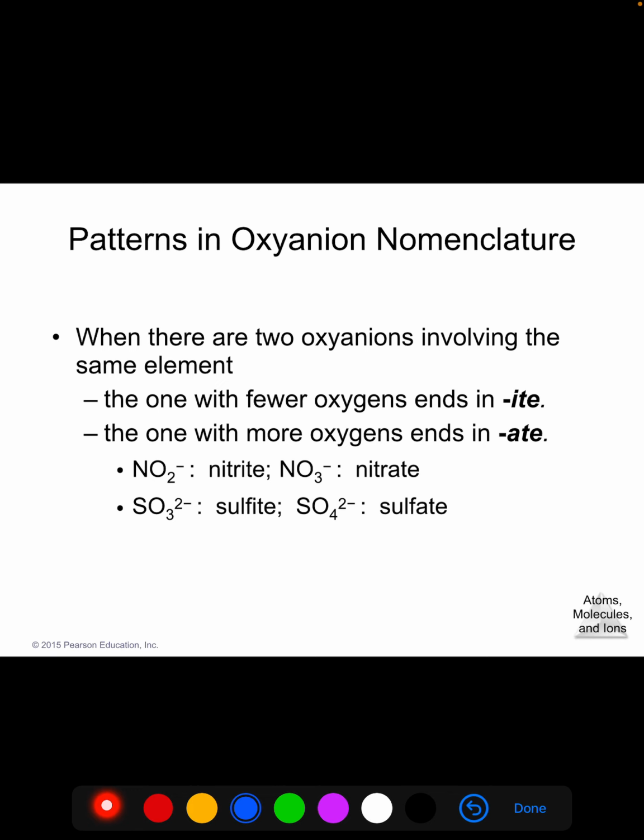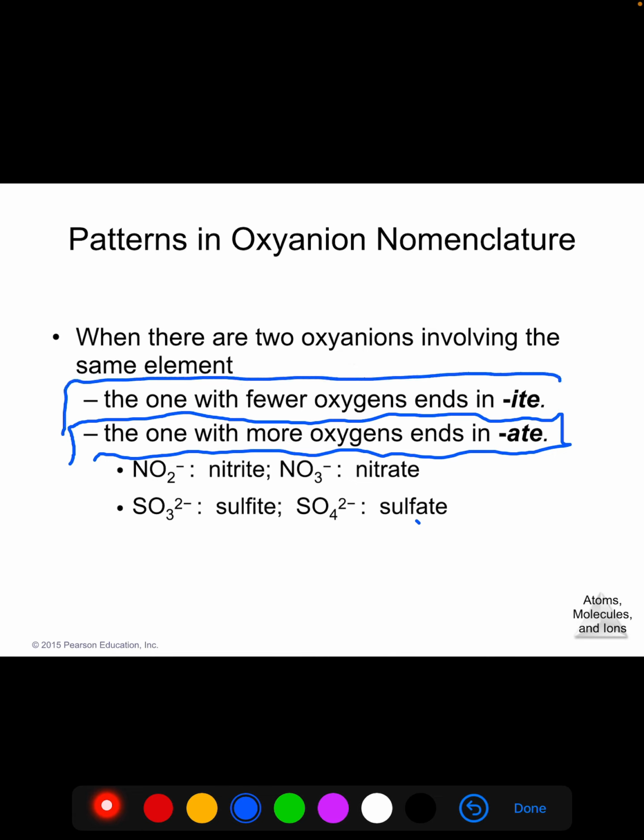Many of them have oxygen in them. They're called oxyanions, and I will say the one with the most oxygens, not the one with more oxygens, the one with the most oxygens ends in ate. Sulfate is SO4. If you have one fewer oxygen, it ends in ite.